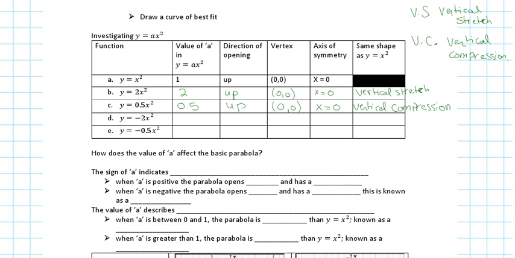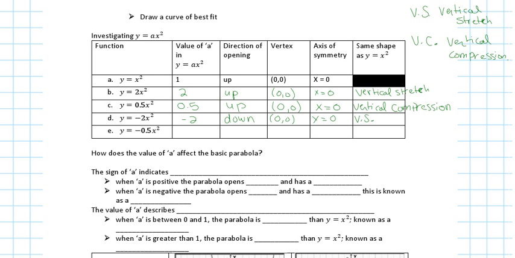What's my a value for the next one? Negative 2. Direction of opening? Down. Vertex? Vertex still 0, 0. Axis of symmetry still at x equals 0. What do I have? So we have a vertical stretch, and what else? Reflection.